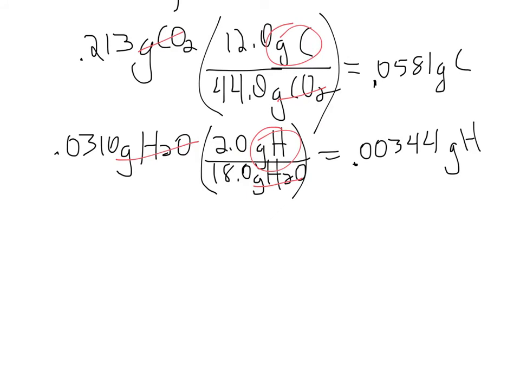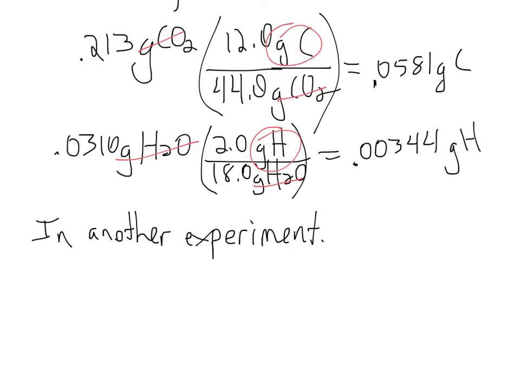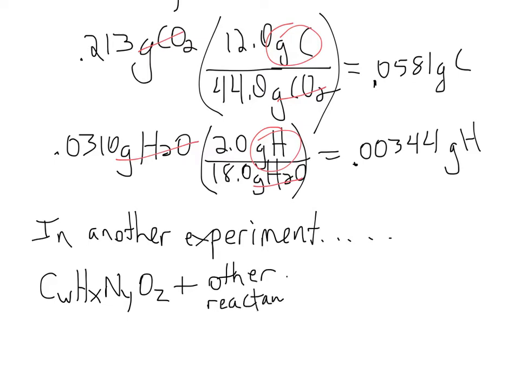So they tell us, in another experiment, you were doing something with the unknown compound, so CWHXNYOZ, plus some other reactants that they don't tell us about, produced NH3, that's ammonia, plus some other products that they don't tell us about.